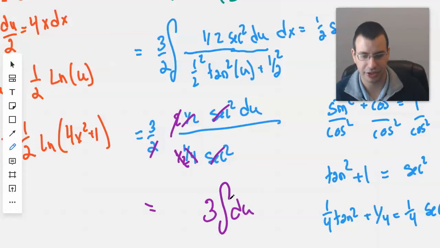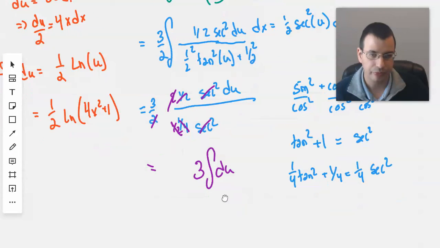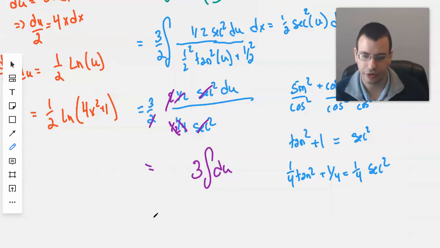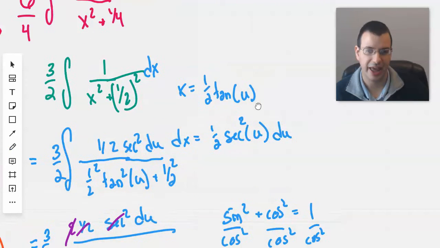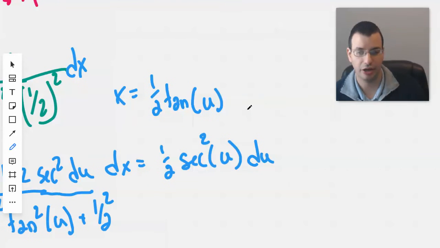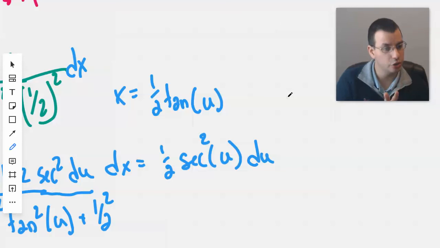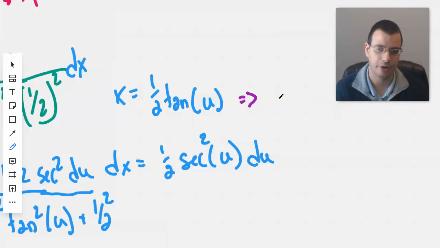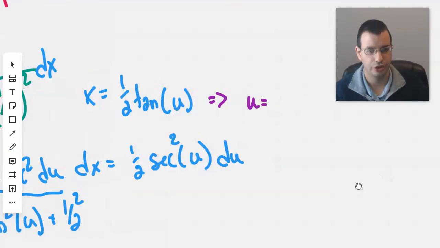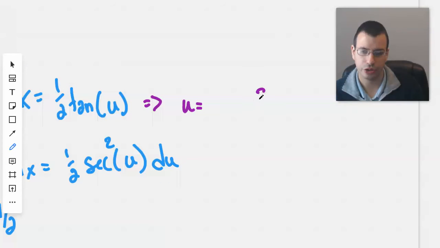And we still have the integral sign. So the integral of 3 du is 3u. And then if we rewrite u in terms of x, back to our original up here, u equals 2x, because we moved the 1/2 over, and then we have to take the arctan.